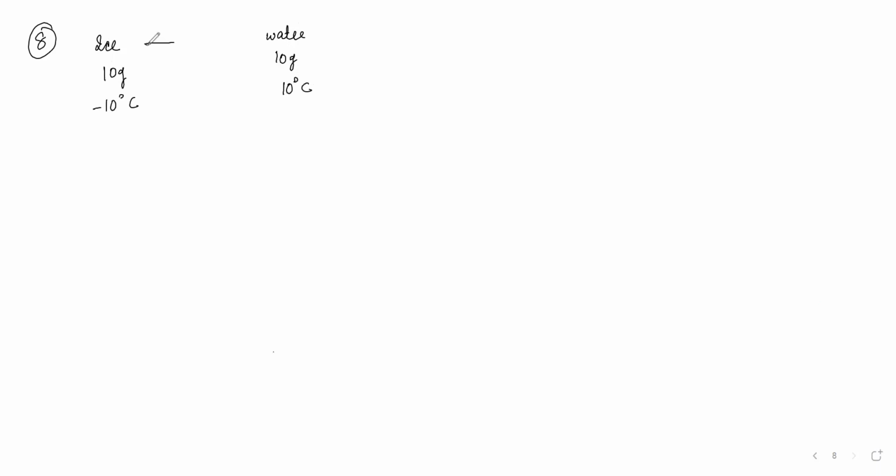So we will just assume that they are coming to a temperature T that is intermediate between -10 and 10 degrees. Okay, so what you will be writing, let the final temperature of the mixture be T. Maybe you can take capital T. So what is the thing that we will be calculating?